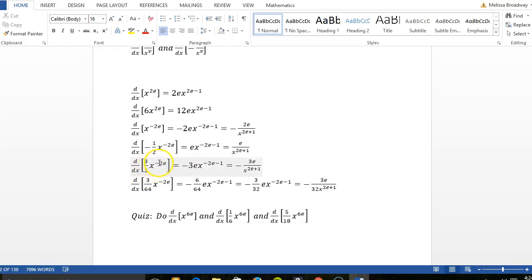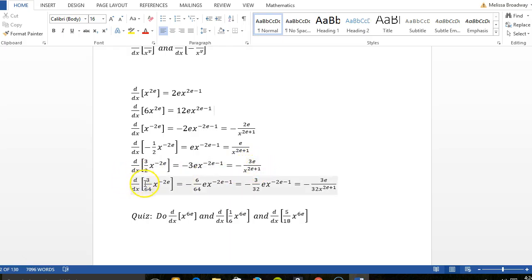Now again, that negative 2e bumps into 3/2, but that negative 2 and that 2 down there cancel and make negative 1. Negative 1 times that 3 is negative 3. So I get negative 3e x to this power, which again, this negative right here sticks out in front as this guy right here. And then you get negative 3e over x to the 2e plus 1.